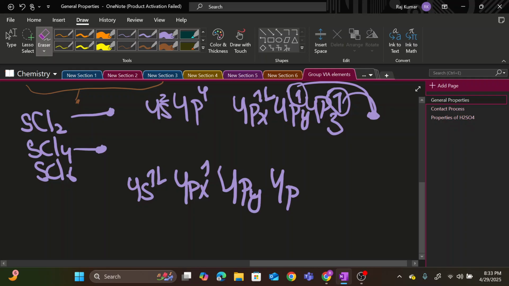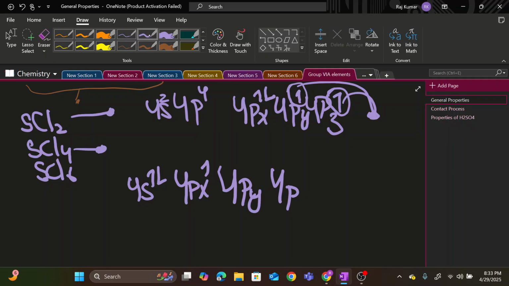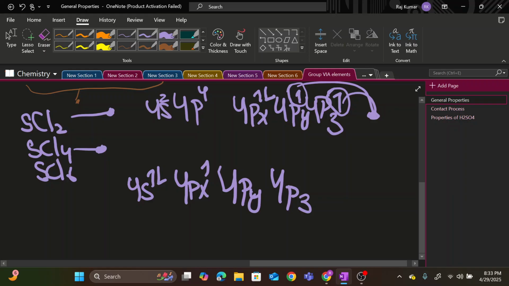Yes, 4p, 4pz, right? So one electron here, one electron here. Now what I actually do is I excite it. If I excite it, then one of the electrons will go in the d orbital. Let's say it is the 3dxy orbital.